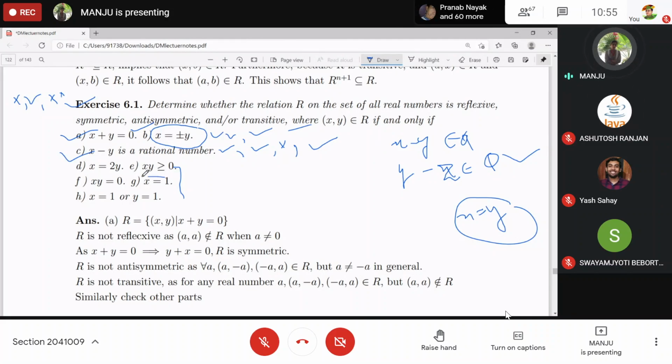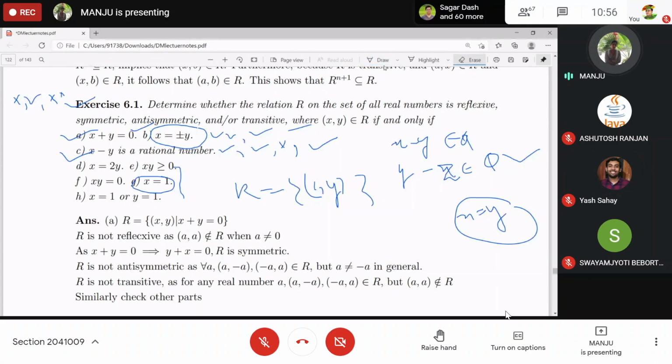So can you tell me about this one? Is it reflexive? This is the relation where x comma y are related via the relation x is equal to 1. Means in this relation 1 comma y will be there only, right? Ma'am, not reflexive.